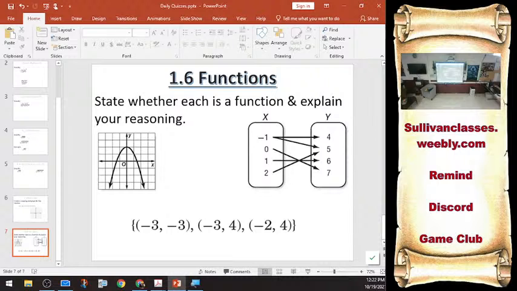Make sure you label it 1-6 functions. And always, here, I'll say A, B, and C. So parts A, B, and C, tell me, is it a function or not?